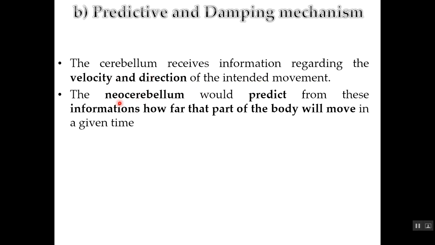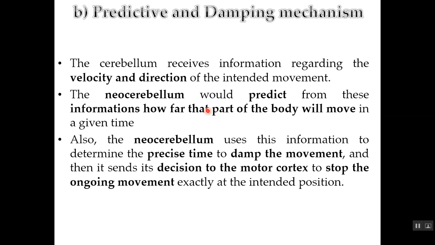the new cerebellum will predict how far this part of your body will move in a given time. It predicts the time of stopping of the movement, and also determines the precise time to damp the movement, meaning stop the movement.